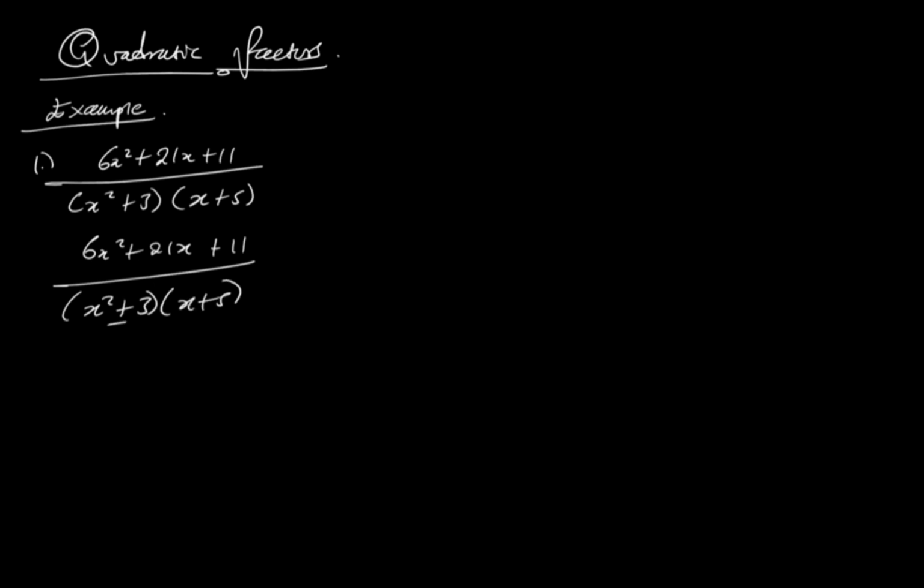So, this is the quadratic factor. When you have x squared plus 3, it's the same as x squared plus 0x plus 3. So you need to find the top numerator that is of this form, less than that.